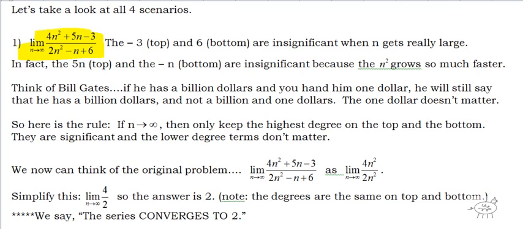Even the 5 and the -n are insignificant too, because n squared grows a ton faster. Just put a number in there: 10 versus 10 squared, 11 versus 11 squared, 50 versus 50 squared. When you square something, it grows so much faster than without squaring it.